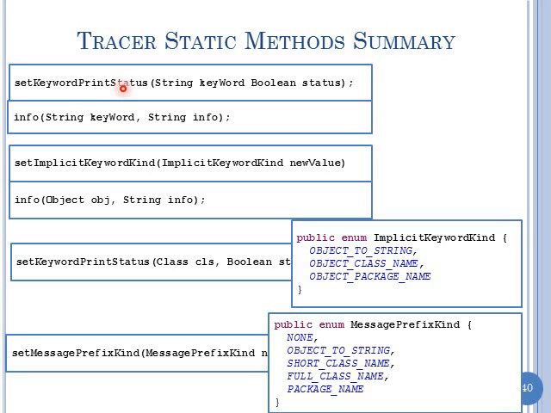You are the program writer, and you say this might be interesting. So whenever in doubt, you announce something with a keyword, and then the reader decides which keywords they care about. They say set keyword print status, this keyword true, this keyword false, or all keywords true and all keywords false, and the specific one overrides the general one.